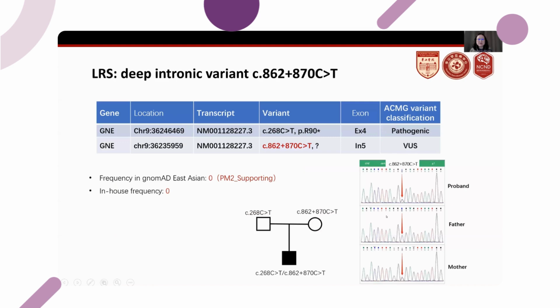So we decided to run a second test, long-read sequencing for this case, and it called out a deep intronic variant. We did parental analysis and found that it is in trans with the other nonsense mutation.